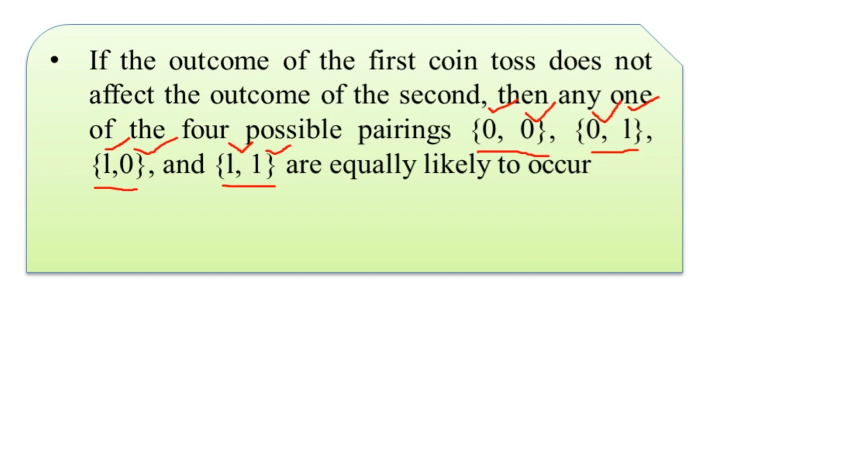Now if we extend this example, we have already extended from flipping one fair coin to flipping two fair coins, where we have obtained these results. Extending it further, we can use three coins here.